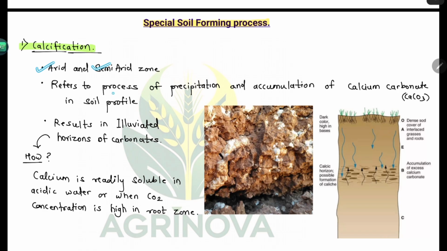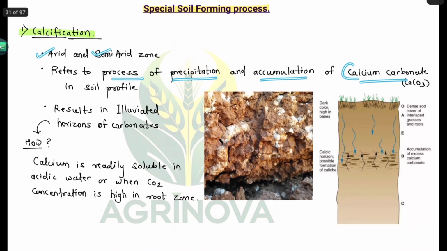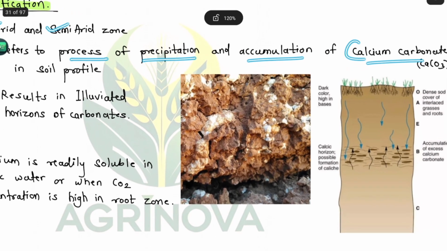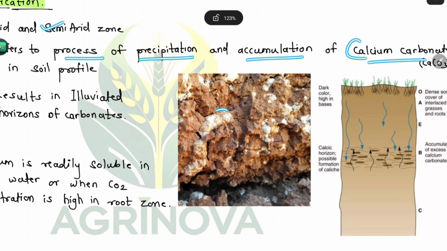It refers to the process of precipitation and accumulation of calcium carbonate in the soil layer or the soil horizon. So here you can see in the image the deposition of calcium in the solid rock like structure of the soil.